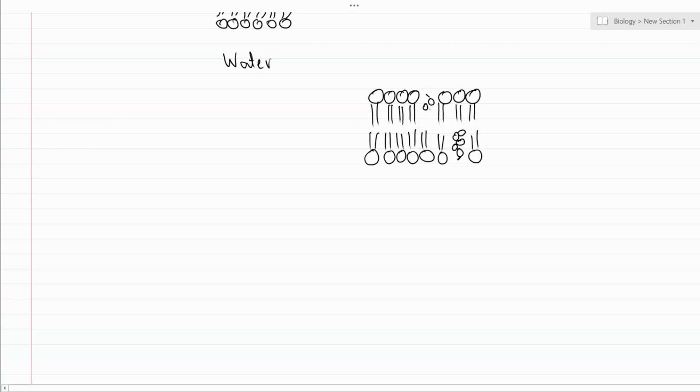This is how I'm going to try and draw in some cholesterols here, like so. What these cholesterols will do is, like I said, when the environment is quite warm, they'll try and reduce the amount that the cell membrane is able to spread out, become more fluid and move. And when the environment gets quite cold, they will try and reduce the amount of packing and the tightness of the cell membrane.